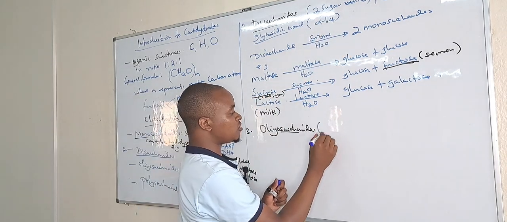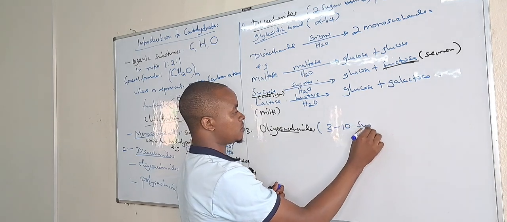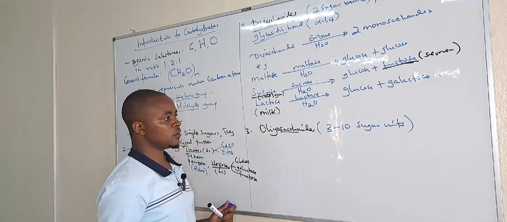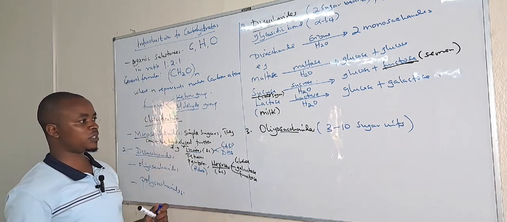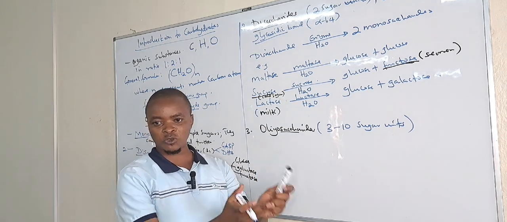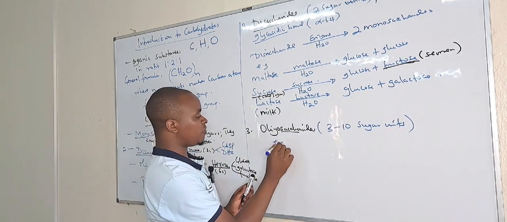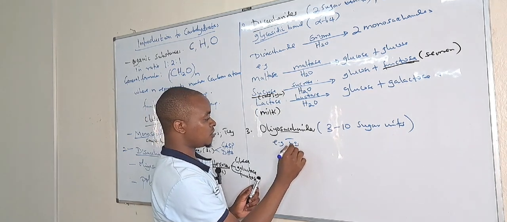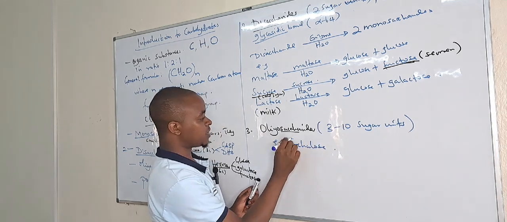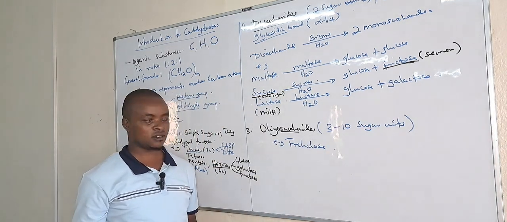Oligosaccharides are composed of 3 to 10 sugar units, and on hydrolysis they also produce monosugars. An example you can give is trehalose, a good example of oligosaccharides which have 3 to 10 sugar units.